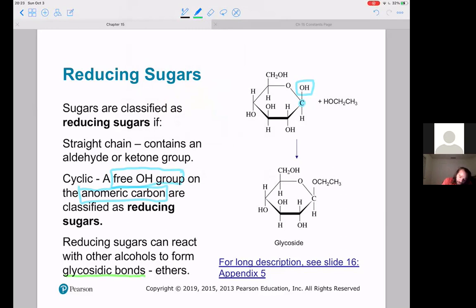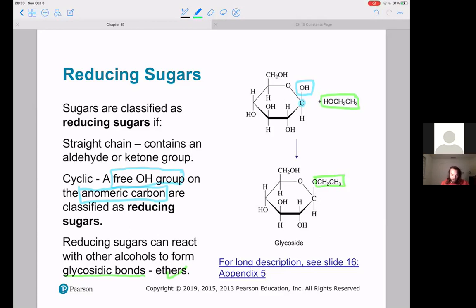So we have this alcohol forming with that OH group. This is now going to be a glycosidic bond that's formed here. If we were in organic chemistry, we would call that an ether, right? A carbon, oxygen, carbon. Now that we're in biochemistry and we're looking at carbohydrates, this is what's called a glycosidic bond.